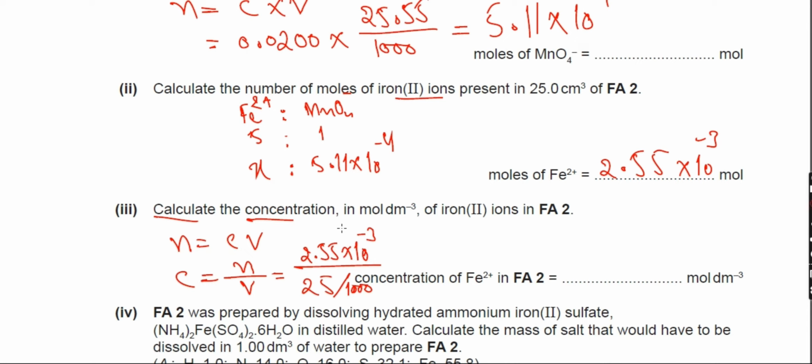So 25 divided by 1000 is 0.025. Now 2.55 times 10 raised to the power minus 3, divided by 0.025. So the final answer I got is 0.102 mole per dm cube.